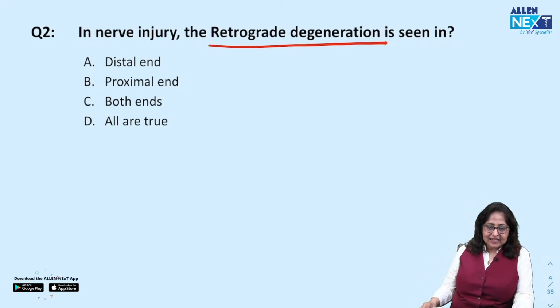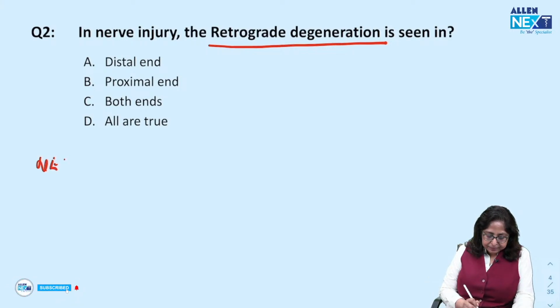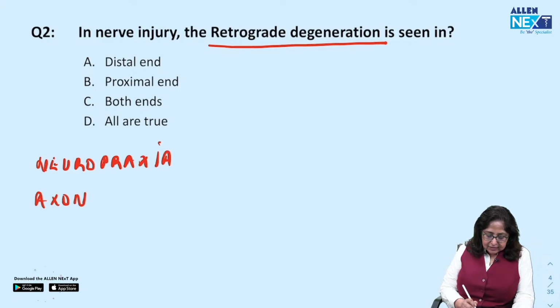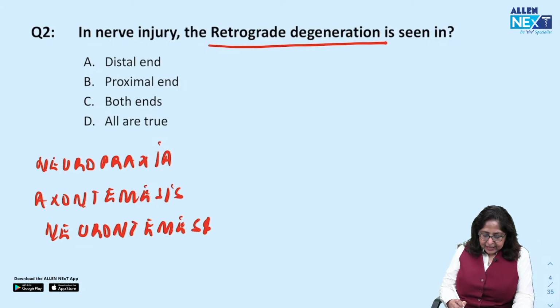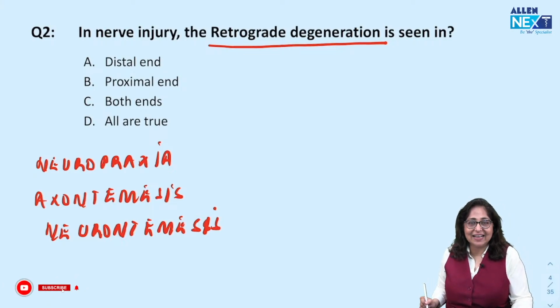Now we know that the three types of nerve injuries are neuropraxia, axonotmesis and neurotmesis. Now, you must understand that Wallerian degeneration is not seen in neuropraxia.